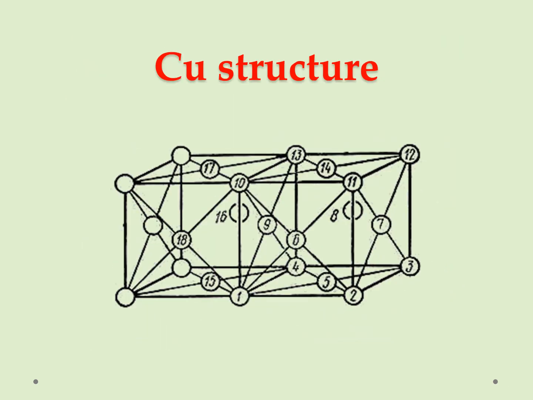Here you can see the cuprite structure, and on the illustration of this structure we will determine the coordination number and coordination polyhedron. A copper atom has two oxygen atoms as nearest neighbors at a distance.